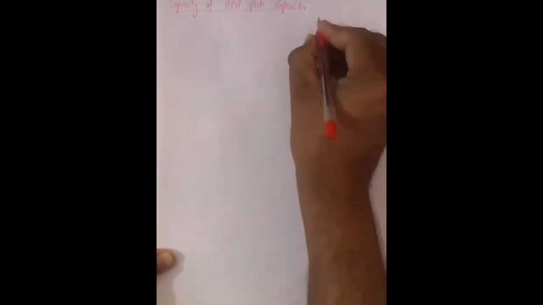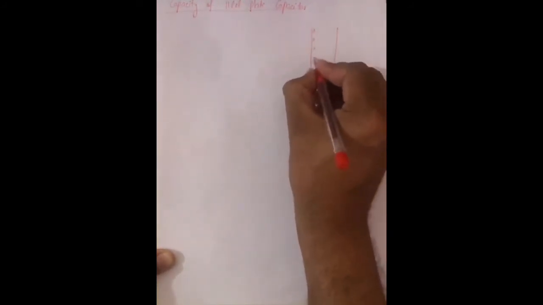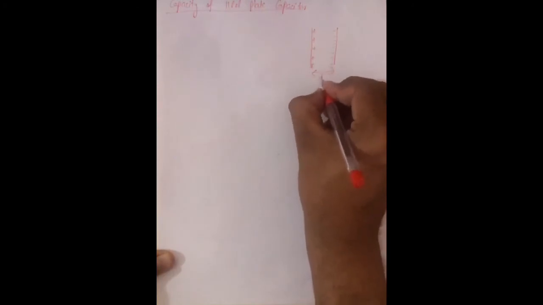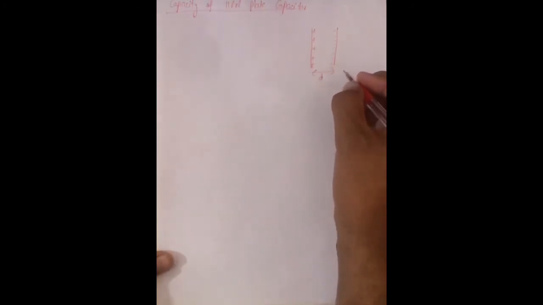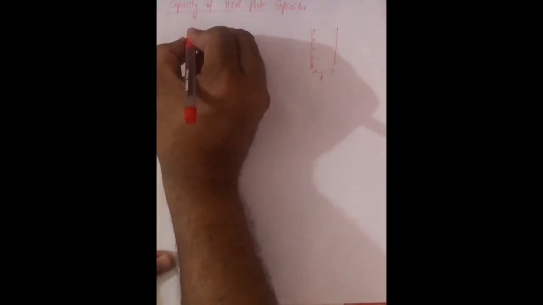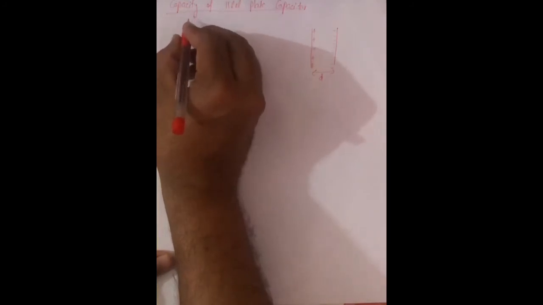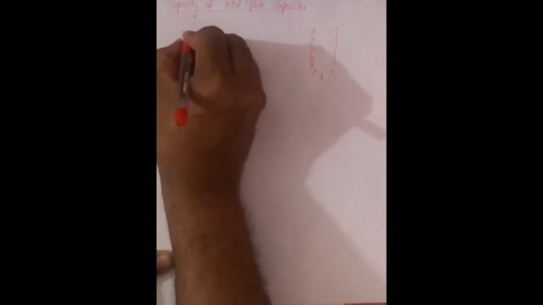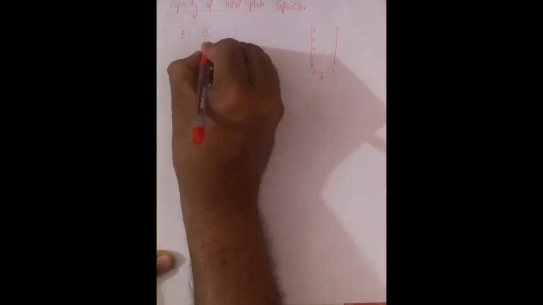So we have two plates having opposite charges, and the separation between the two plates, let it be D. So as we have already done, the electric field inside a parallel plate capacitor is equal to sigma by epsilon naught, where sigma is the surface charge density of these plates.